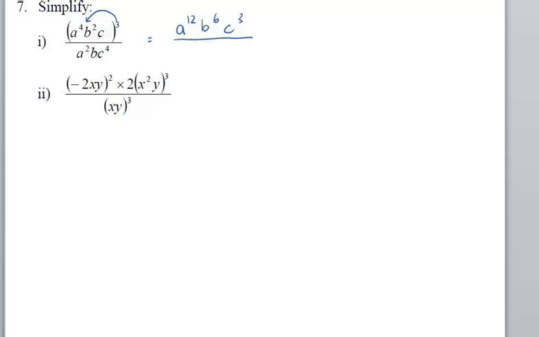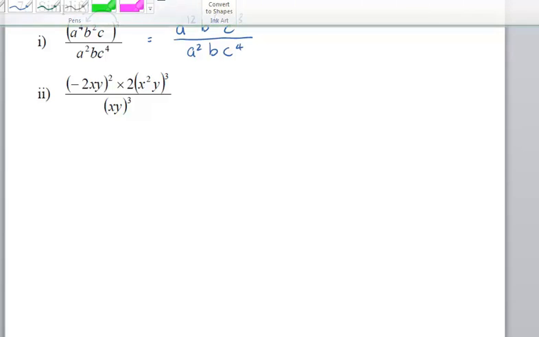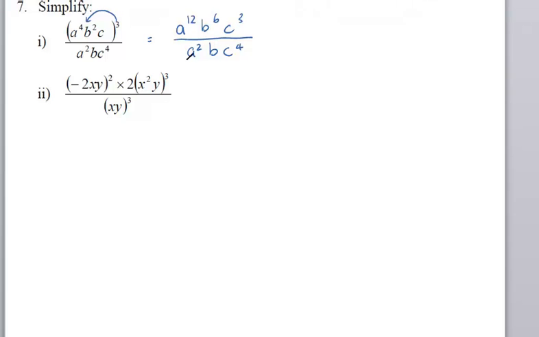And in our denominator we have a squared, b, and c to the power of 4. So here we can cancel out. We've got a to the power of 12 and we minus 2 there. We have b to the power of 6, and we minus 1. Here we've got c cubed, and c to the power of 4 below.